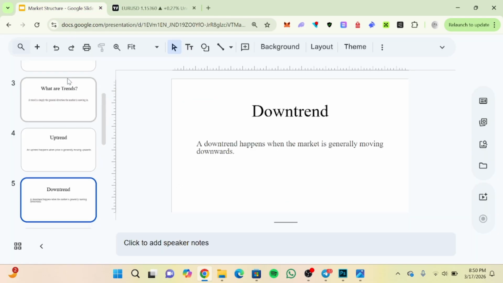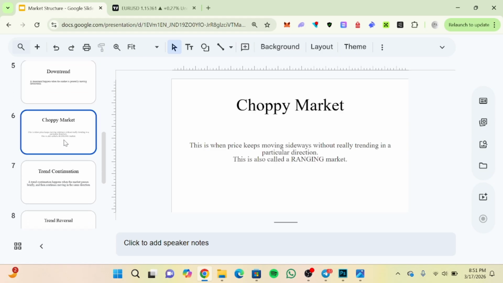So having said that, you might want to ask, but is the market always trending? The answer to that is no. The market does not always trend, and sometimes price just moves sideways. You understand? And that is where we have the choppy market.